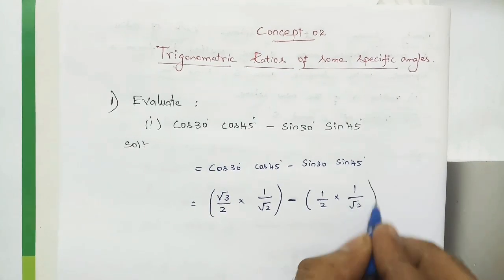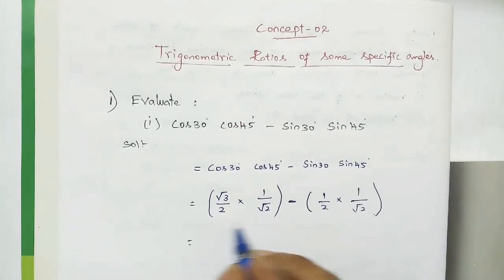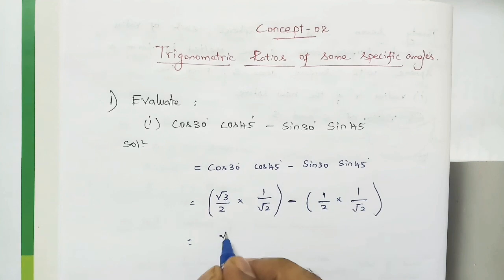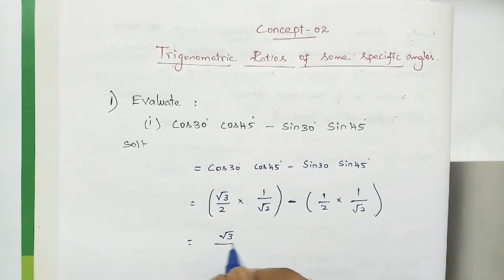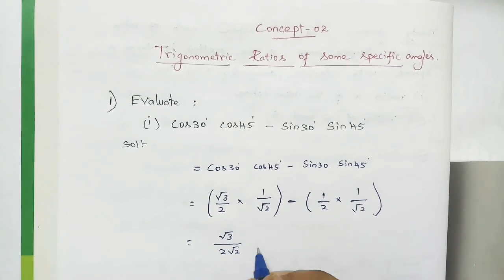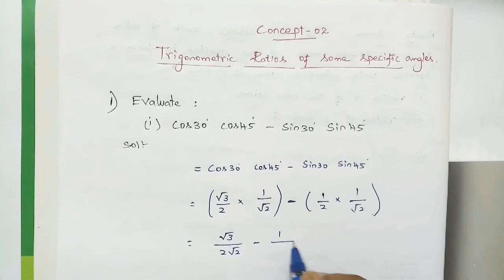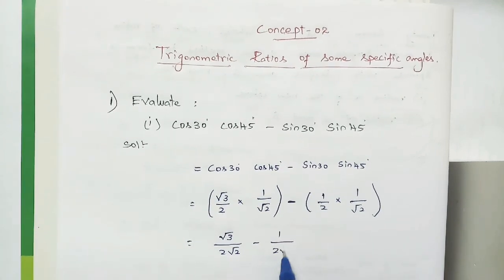Now simplify, first the inside of the bracket. See the multiplication symbol, so numerator and denominator: root 3 into 1, root 3, divided by 2 into root 2, 2 root 2. Minus 1 into 1, 1, divided by 2 into root 2, 2 root 2.